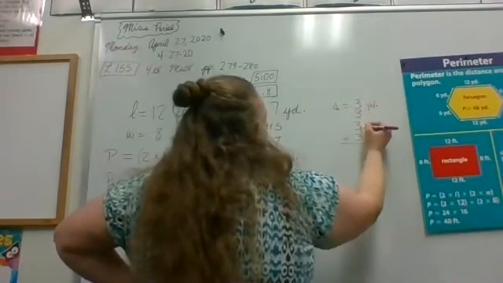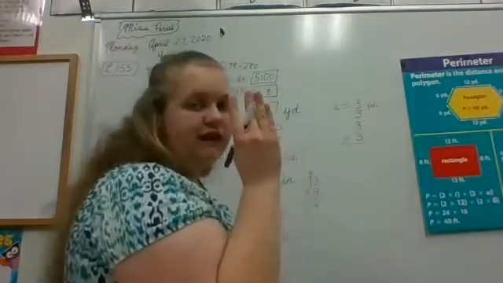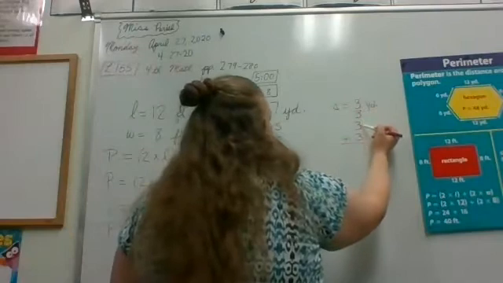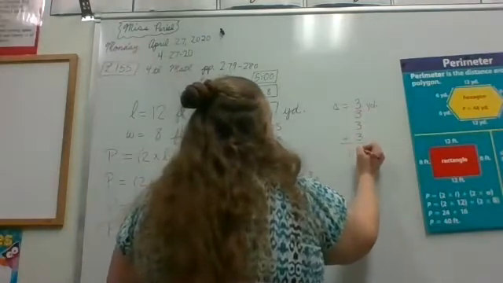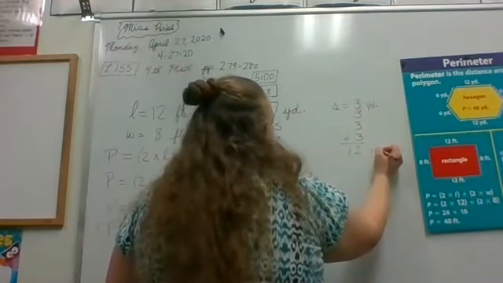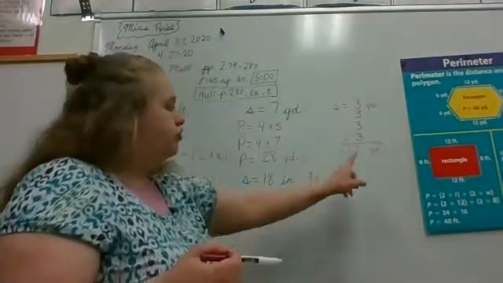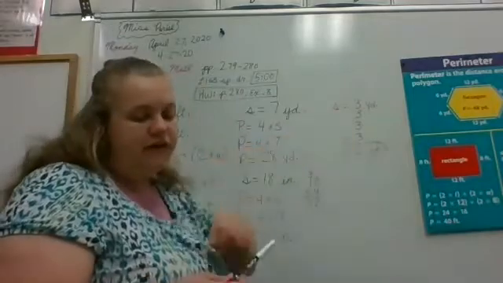You have 1, 2, 3, 4, right? Because there's 4 sides, so you add 4 3s together. 3 plus 3 is 6, plus 3 is 9, plus 3 is 12. Okay? So 12 yards is that first one, okay?